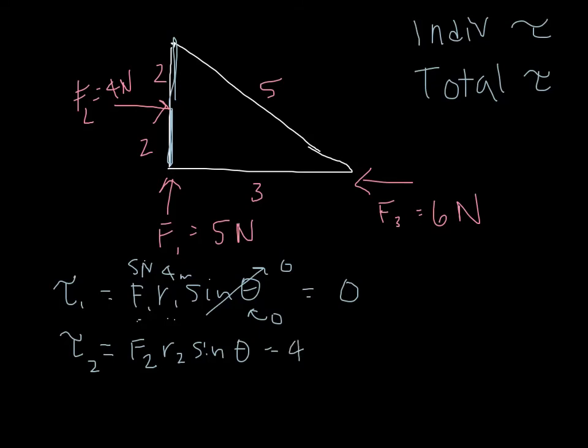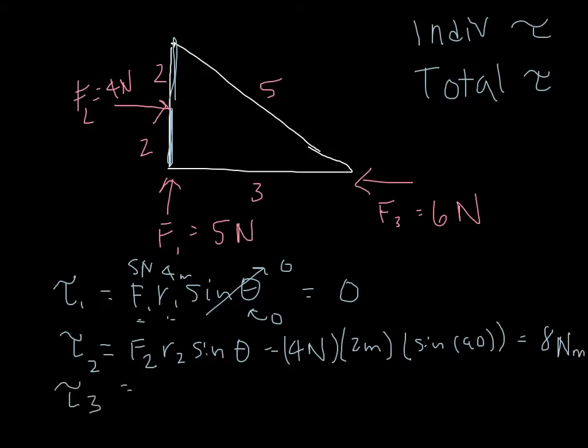That's equal to 4 newtons times 2 meters times sine of 90, which is equal to 1. So that gives us 8 newton meters.